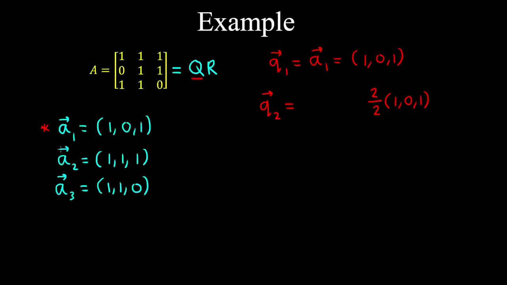That's the projected vector of A2 onto Q1, and then we subtract this from A2 to get the vector orthogonal to Q1. So 1 minus 1 is 0, 1 minus 0 is 1, and 1 minus 1 is 0. So our vector Q2 is 0, 1, 0.